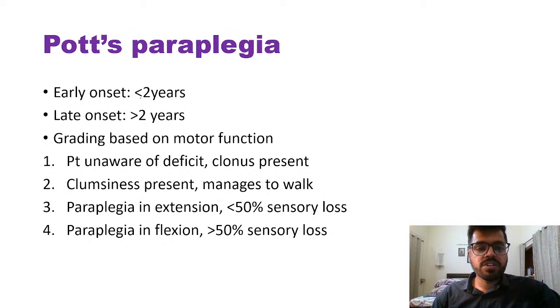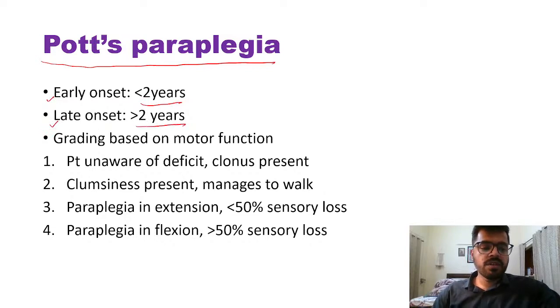Then we come to Pott's paraplegia. The two types of Pott's paraplegia: early onset, which occurs within 2 years of the disease, and late onset, which occurs after 2 years. The grading of paraplegia is done based on the motor function of the patient. So grade 1 is that the patient is unaware of the deficit.